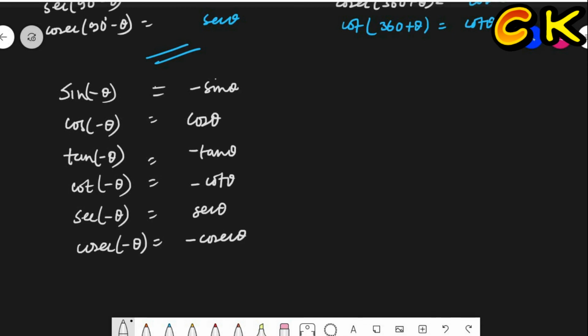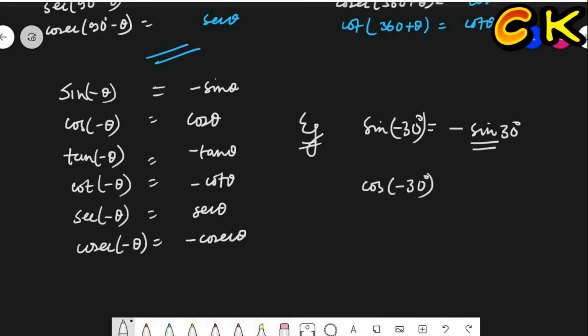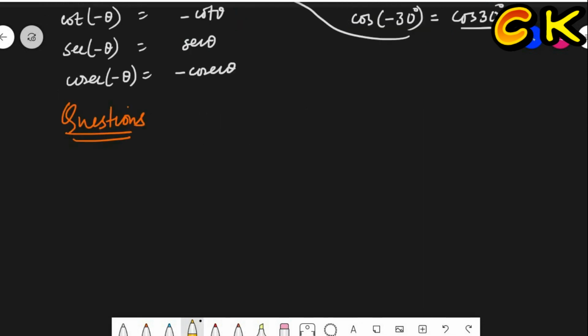This also you should remember. For example, if you are given sin minus 30 degree, then its answer will be minus sin 30 degree. If it is cos minus 30 degree, then you should remember it is only cos 30 degree by using the formula. Okay.